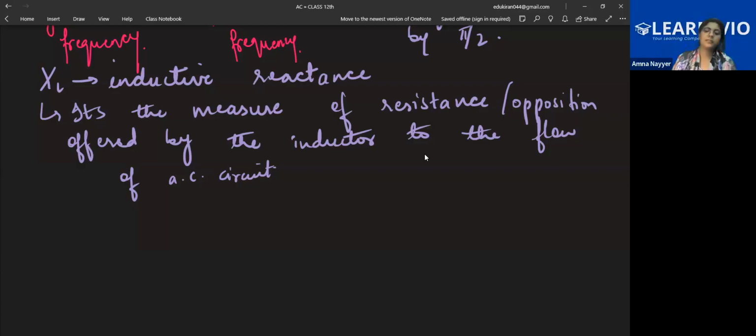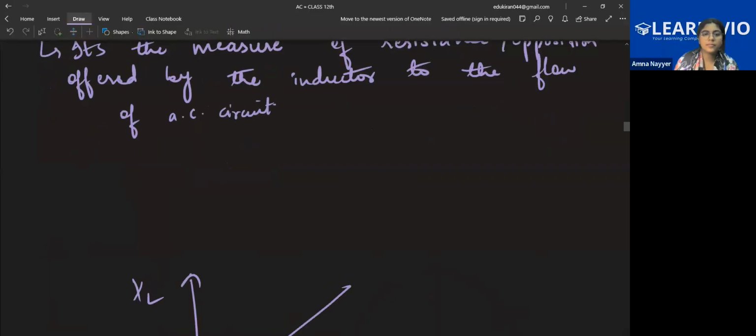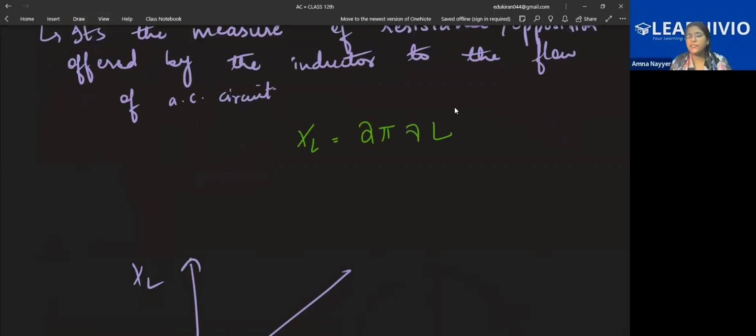Now, few things are there in this. If XL is equal to 2 pi nu L, this is the formula which I have told you. Let's start with you, Memuna. How are XL and L related to each other?